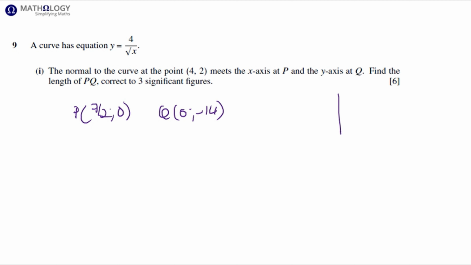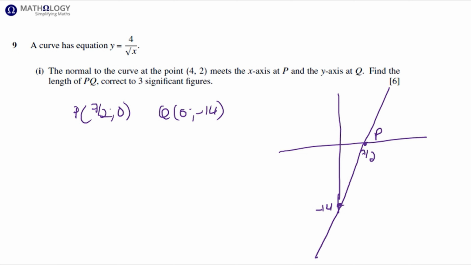Now if we just draw a rough sketch, and the reason we're going to draw a rough sketch is because we don't need to use the distance formula. You can, obviously, that works for any line segment. But if we just draw a rough sketch, and it doesn't have to be accurate. Okay, so this will be our straight line.